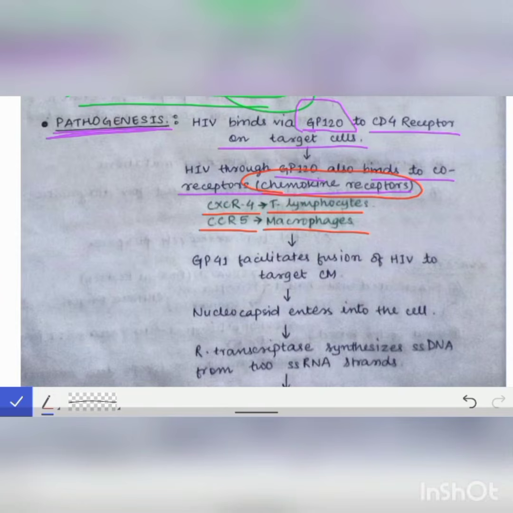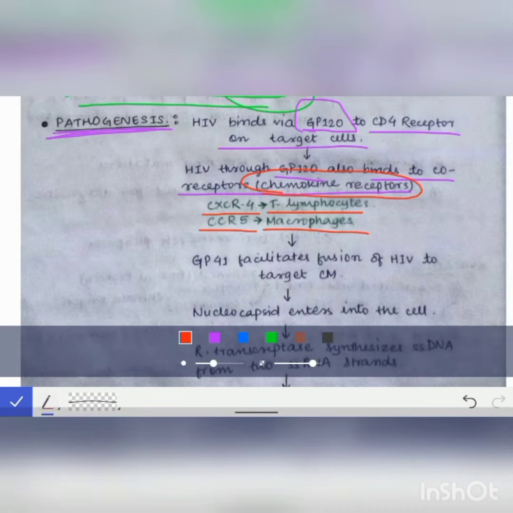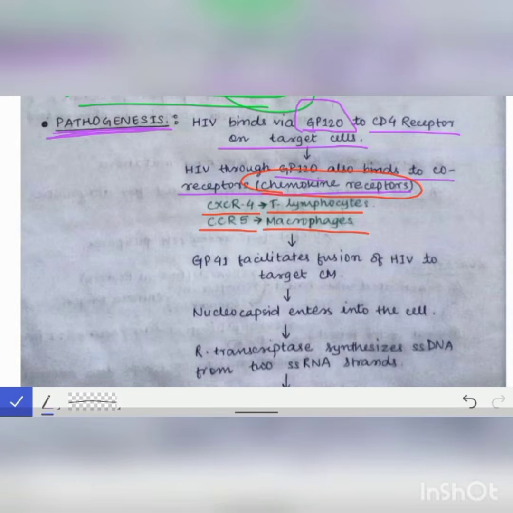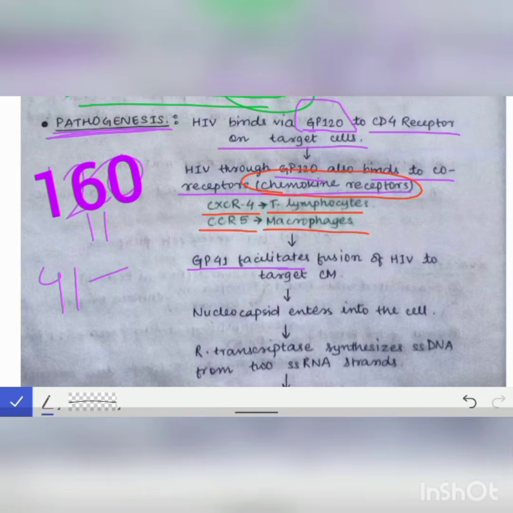Now, after binding to the co-receptors and the CD4 receptors, the GP41 subunit comes into play. We know that GP120 has two subunits, 41 plus 120.